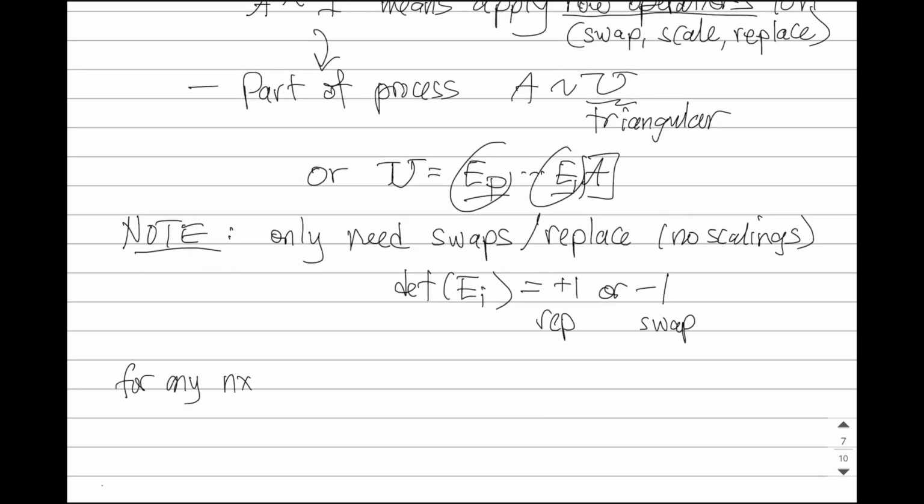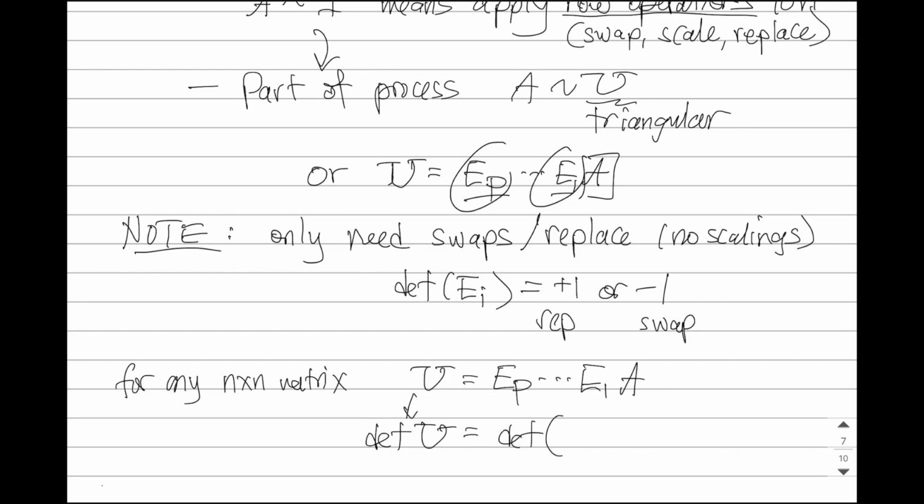So for any n by n matrix, if we do a bunch of these row operations, either replacements or swaps, to take it to this triangular form, we have a wonderful result about a triangular matrix and its determinant. All we need to do is look at the diagonal values.